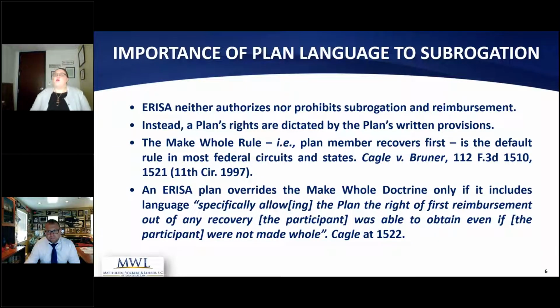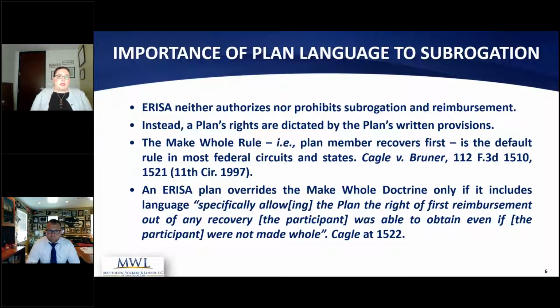Okay. One thing I'll just tag on to the last thing about made whole. If you've got a plan that doesn't have good made whole language, remember that the made whole rule is not uniform across every state or across every circuit. There are a lot of states that have very specific rules about made whole, for example, whether the made whole rule in that state cares only about economic losses that have been suffered, or whether it includes things like pain and suffering.